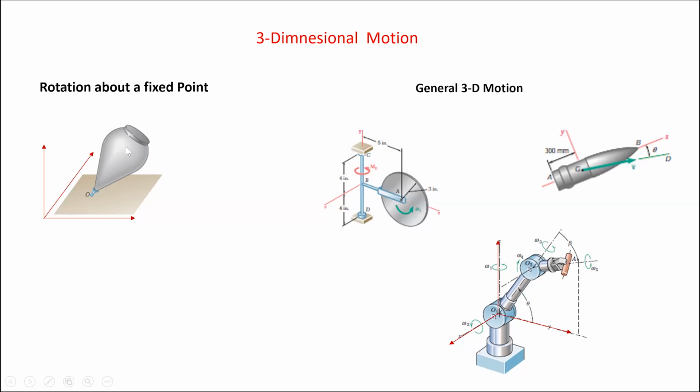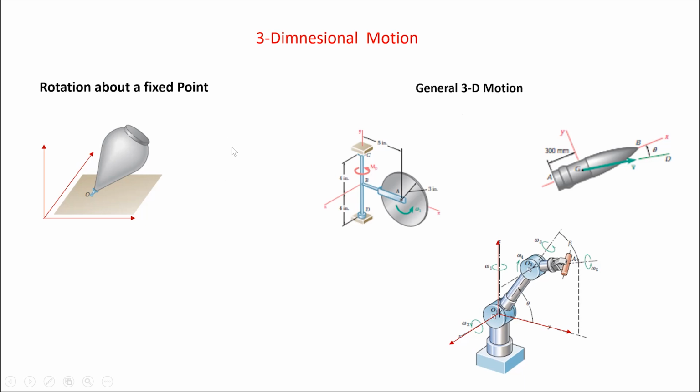However, one classification we can make is that at least one point in the body remains fixed, so it is stationary, and all the other points are having some complex motion. There's no question of translation.